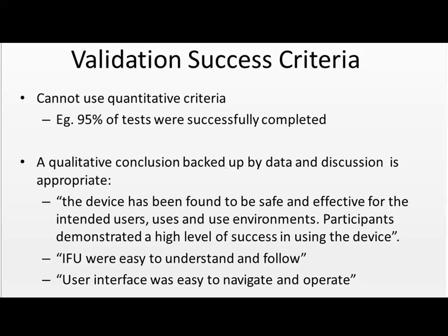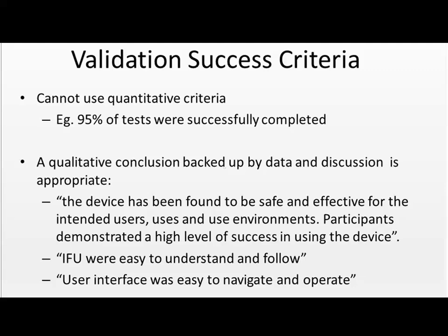And that conclusion would be the device has been found to be safe and effective for the intended users, uses, and use environments. Participants demonstrated a high level of success in using the device. And notice we said high level, we didn't say 100%. So you can have a successful validation without having 100% success.